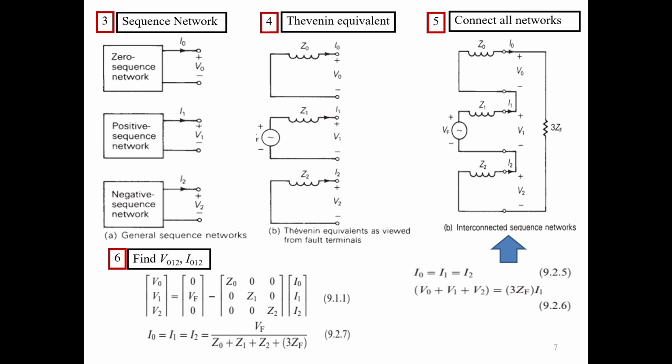We have the zero sequence, positive sequence, and negative sequence in the steps. In step number 3, we have a Thevenin equivalence, in step number 4, based on the two equations that we derived from the last slides. You can draw this circuit in number 5.